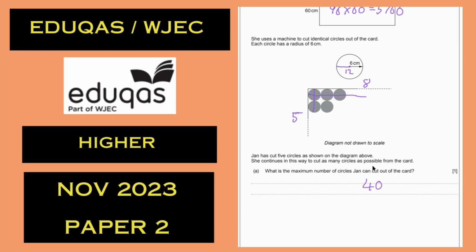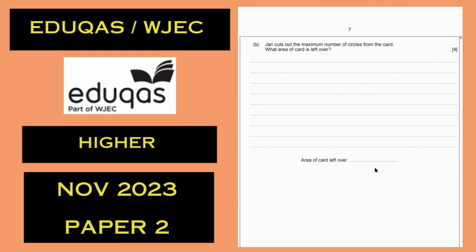And now we can start doing part B. We've already banked that the whole thing is 5,760. But she's cutting out a load of circles.